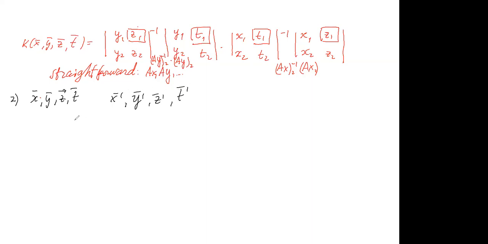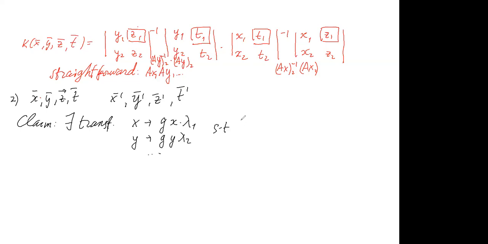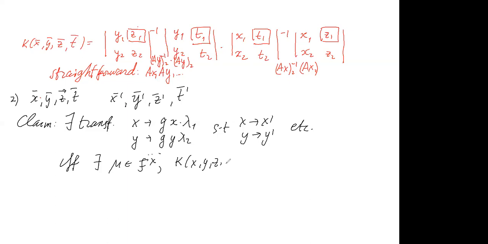The claim is that there exists a transformation of the form x goes to g x times lambda 1, y goes to g y times lambda 2, and so on, such that x goes to x prime, y goes to y prime, and so on, if and only if there exists mu in the invertible part of f, such that k of x, y, z, t is equal to mu k of x prime, y prime, z prime, t prime times mu minus first.